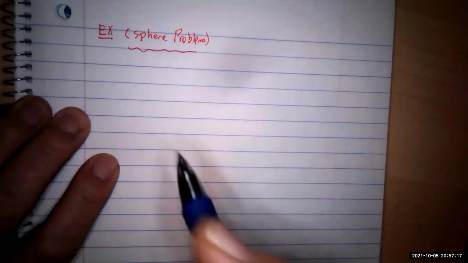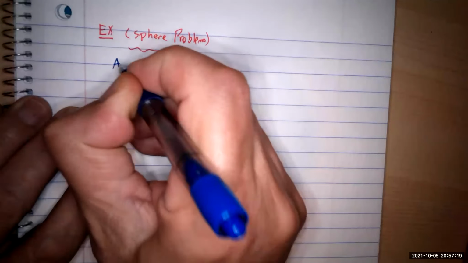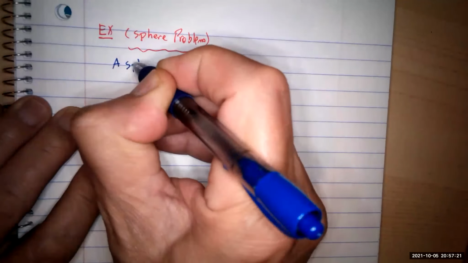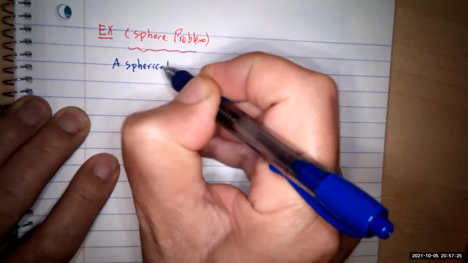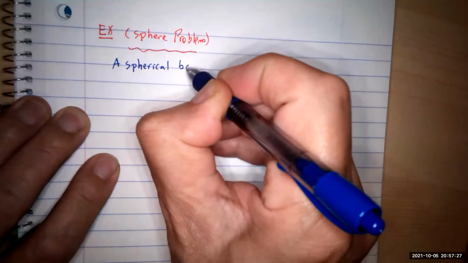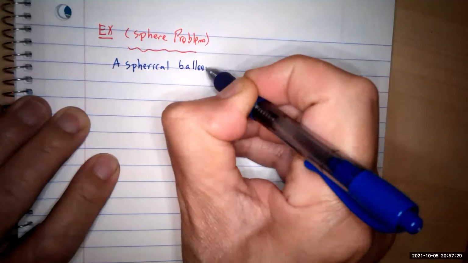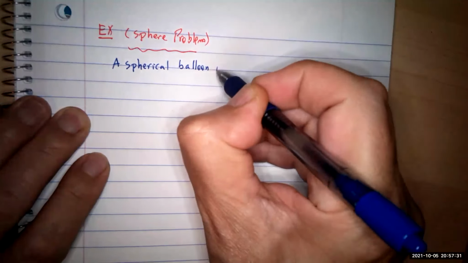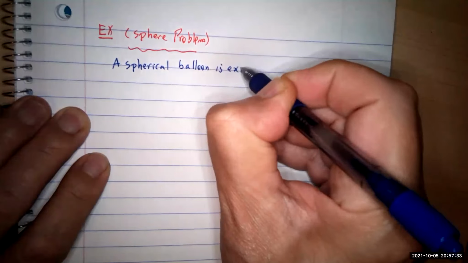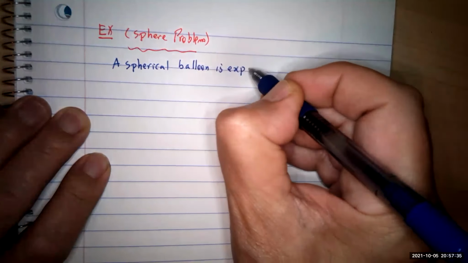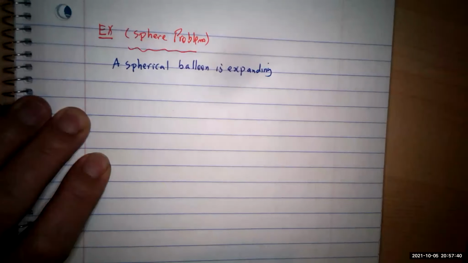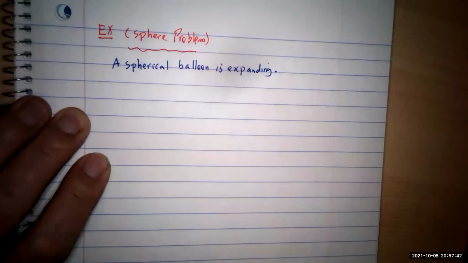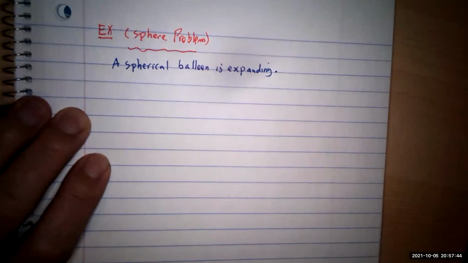So this is a spherical balloon. Suppose you have a spherical balloon, and the spherical balloon is expanding. So we want to make it big.